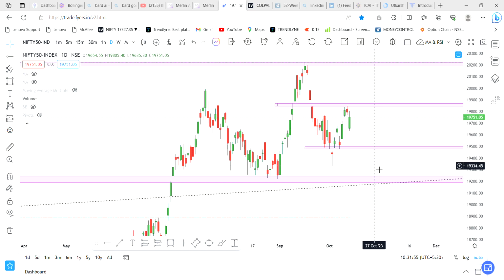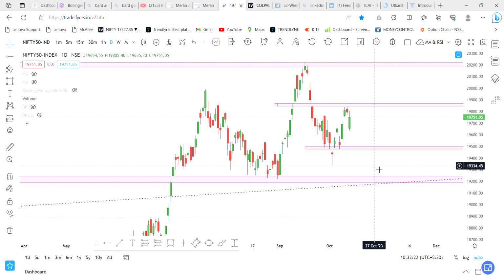These levels, on the particular day where I'm making the video, are for only that particular day or for the next couple of days. Depending upon the candlestick formation at the bullish point or bearish point, we'll change our views. If the bullish candle is not so big, or if it is not so convincing, then we will still stay sideways.